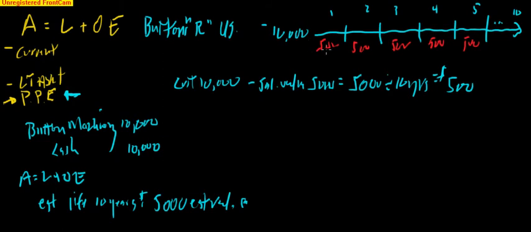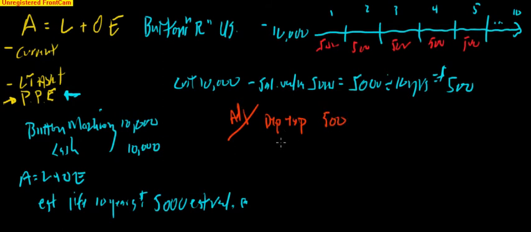Now, when we record the depreciation expense, it's a $500 journal entry that we're going to be making. The adjusting entry for the depreciation expense is going to look like this. Debit depreciation expense, $500.